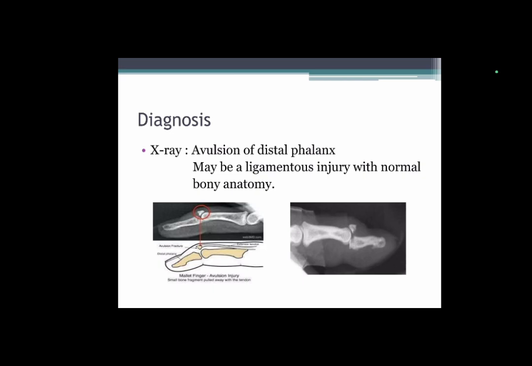As a result, the fingertip remains relatively extended when compared to the other fingers. Patients may also experience reduced grip strength, tenderness along the tendon path, bruising, and difficulty performing activities that require grasping or holding objects.